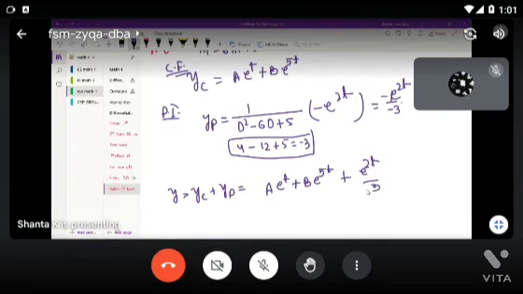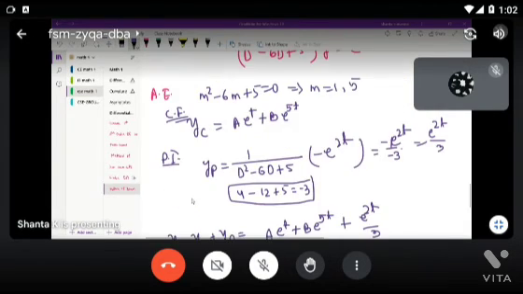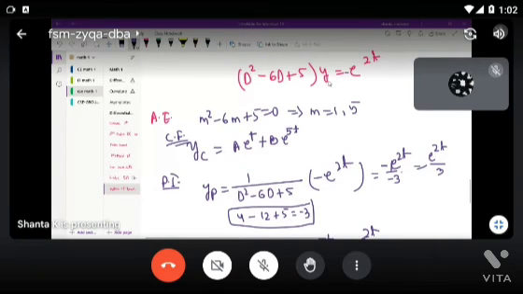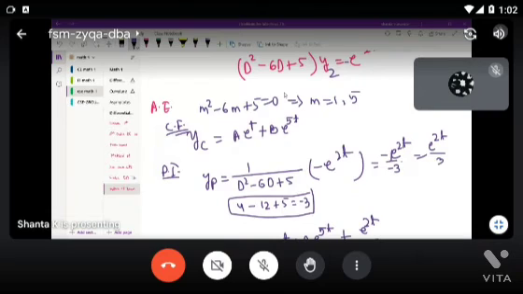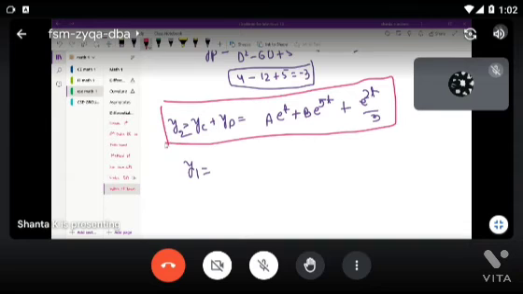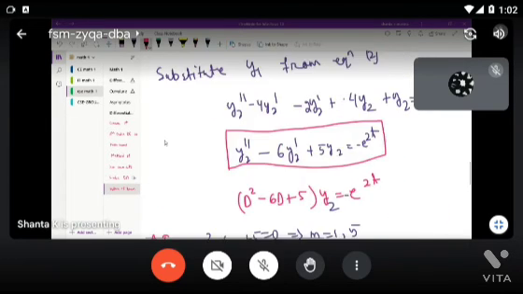So we have the solution of y1, sorry, y2. This is the solution for y2, isn't it? So what will be the solution for y1 that you have to find? We have to find the solution for y1 also.